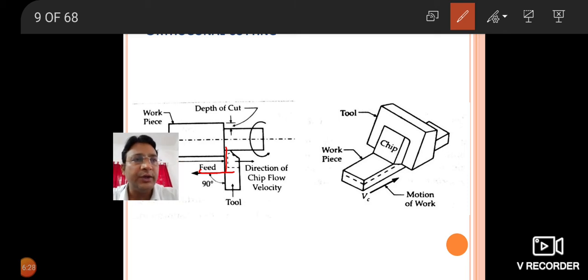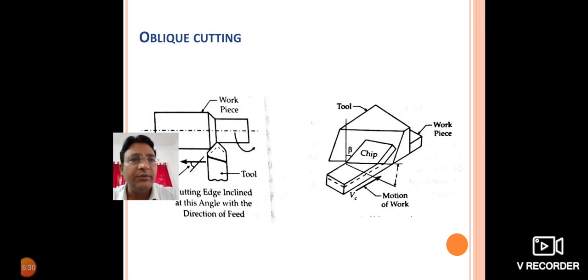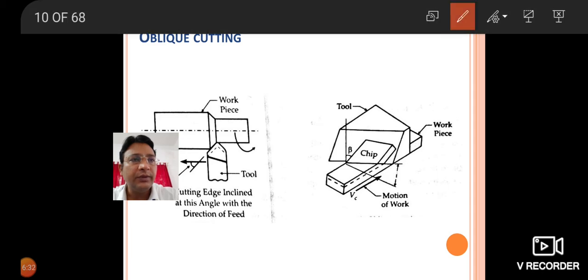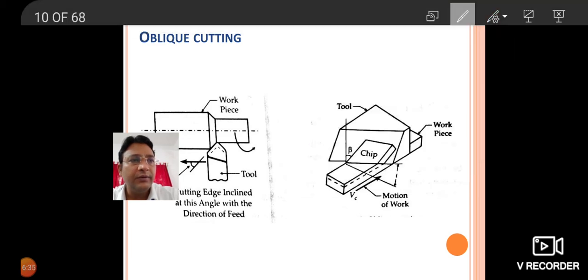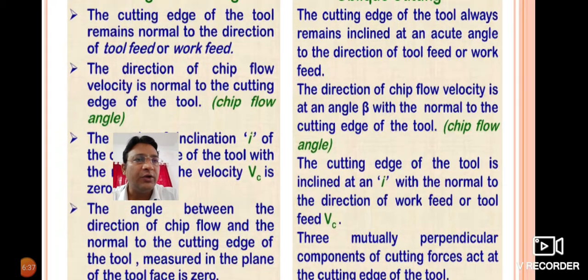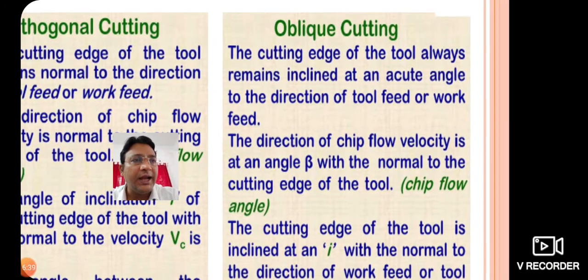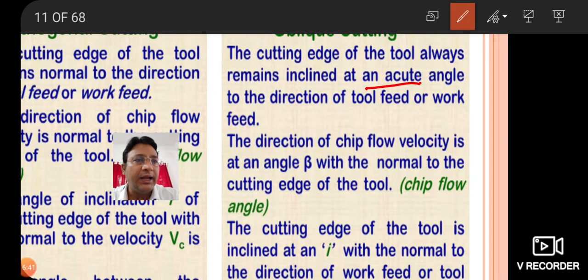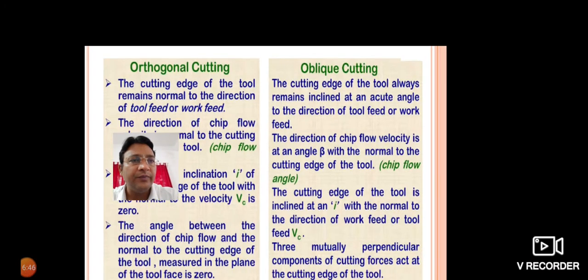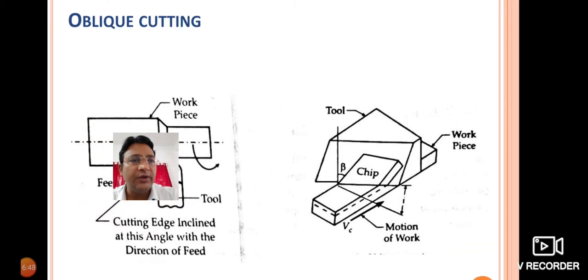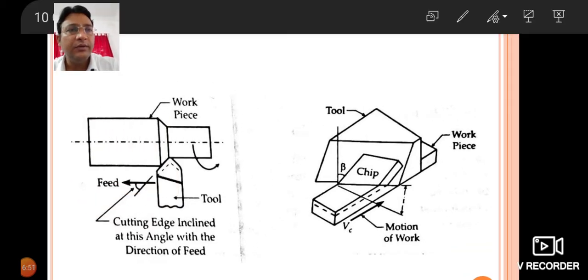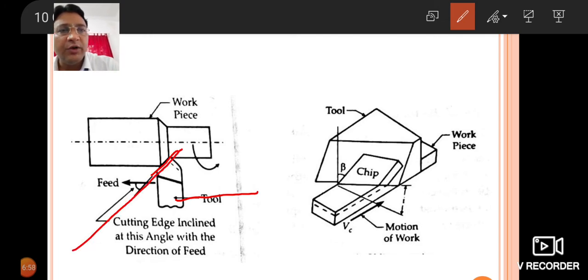So this is the very first point. The same thing you can see here. The cutting edge of the tool always remains inclined at an acute angle to the direction of the tool feed or work feed. So here you can see, yes, this particular tool, now this is the cutting edge, so it will always be at a certain angle to this direction of feed.